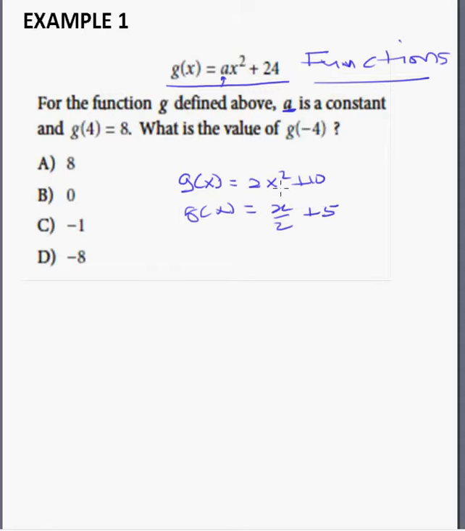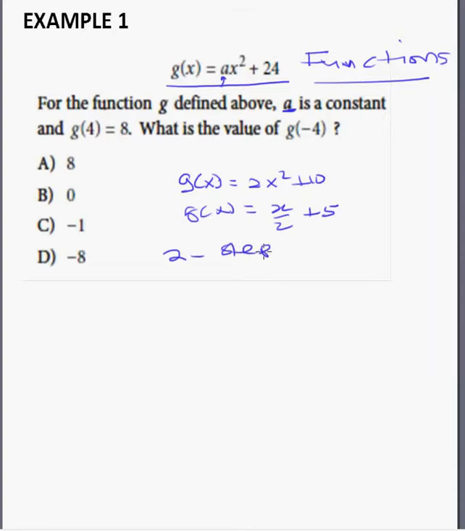In that case, there is no unknown constant in there. So whenever you have a function defined with a constant that is not known, you can call this a two-step solution function.